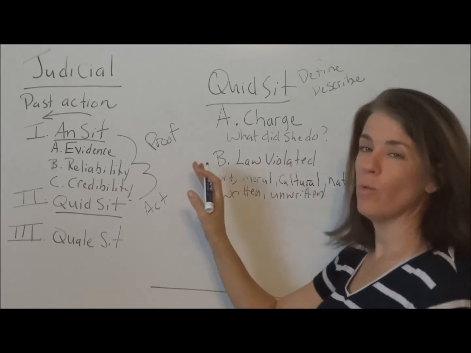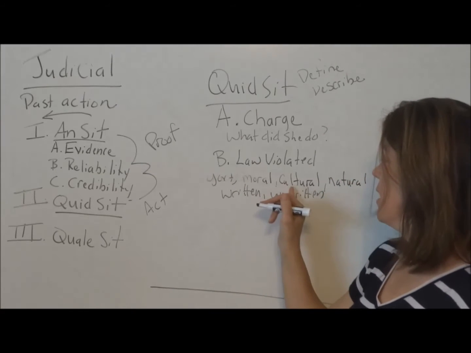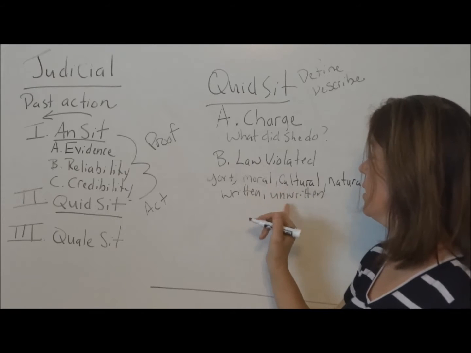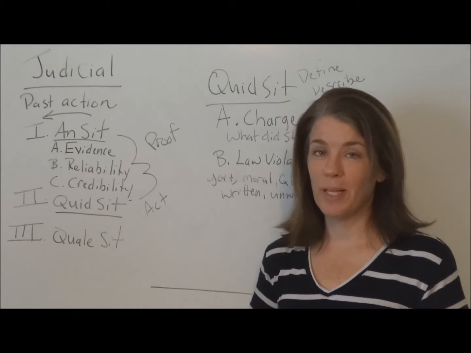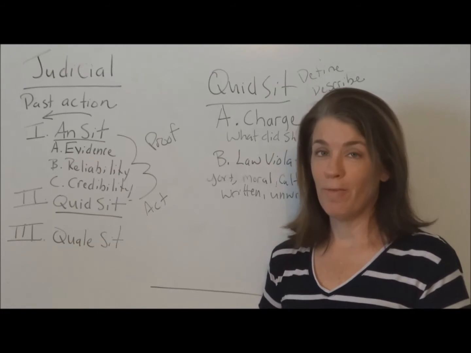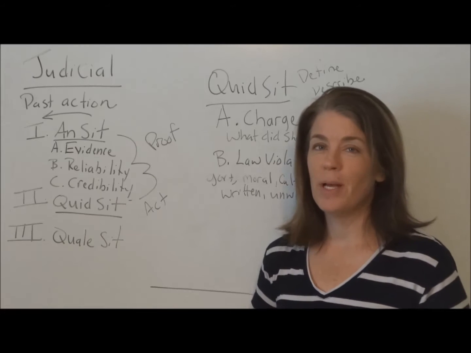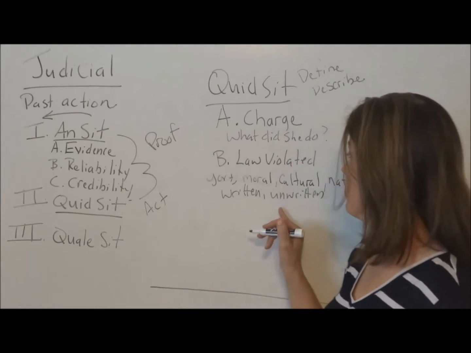So we're going to define what law was violated. And here I'm going to say moral or cultural, and it's unwritten. But you're going to have to describe that and explain that in this time period, it's widely accepted that people obey their father. Their father provides for them. I think this book was written in the 50s, but I'm not totally sure.